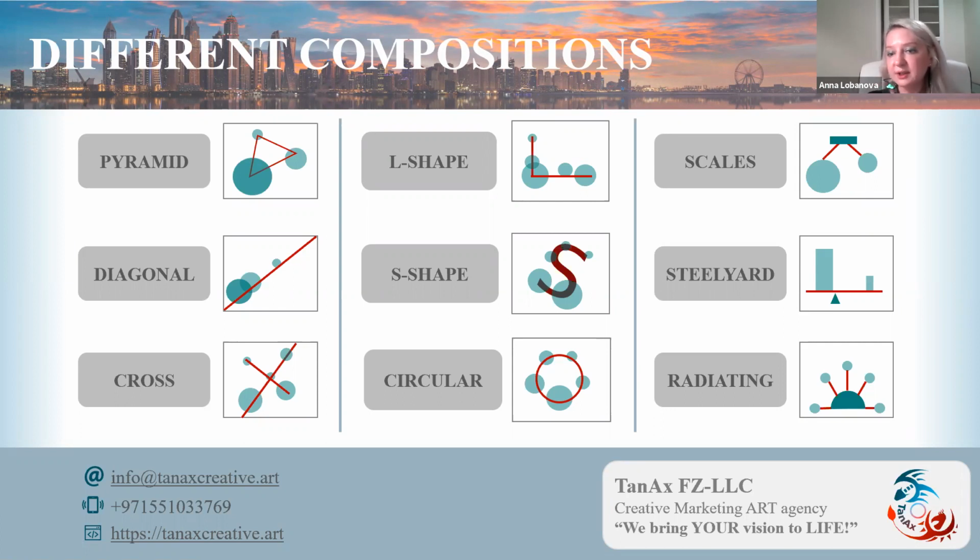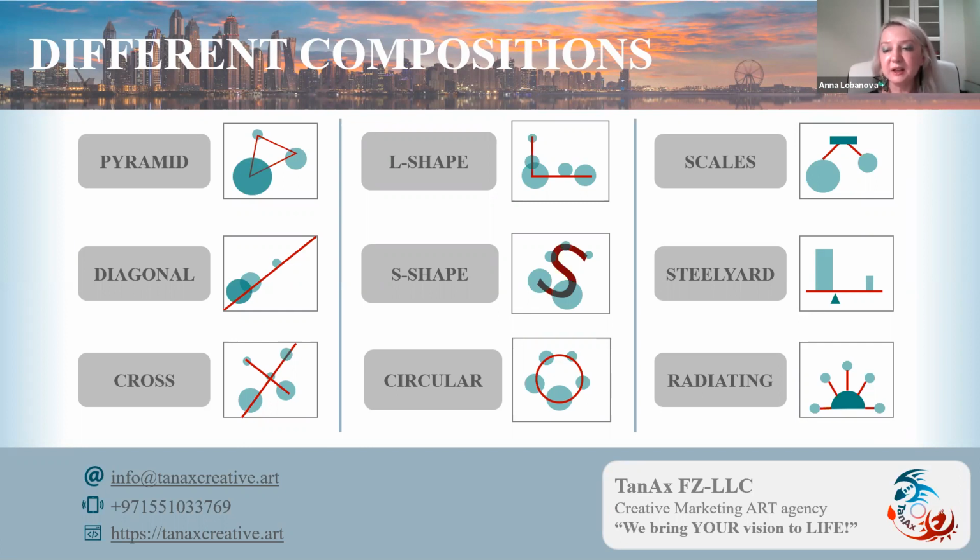A mandala, for instance, would be a very common example, where the elements are located along the circle. Balanced scales: this is the composition where you would have more weight on one side, a little bit less on another, positioned accordingly. Steelyard is a similar kind of composition.